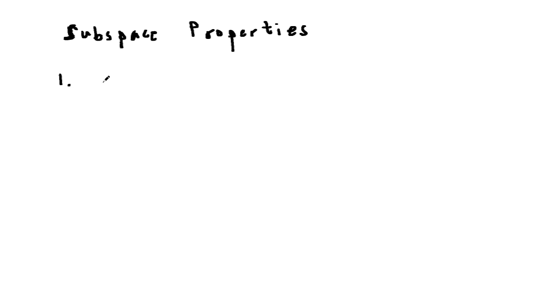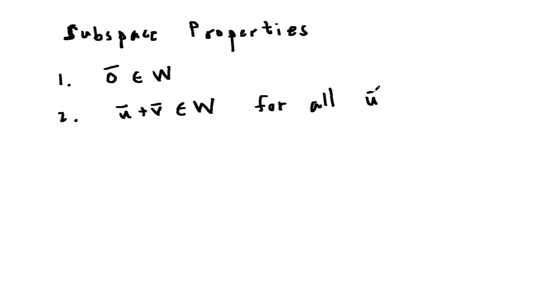The first one, the 0 vector lies in W. The second, the sum of 2 vectors from W lies in W. This is called closure under addition.